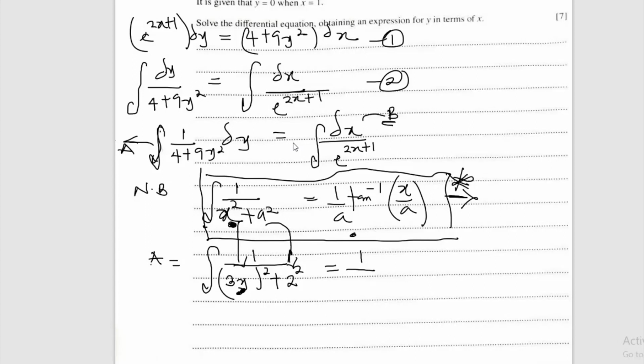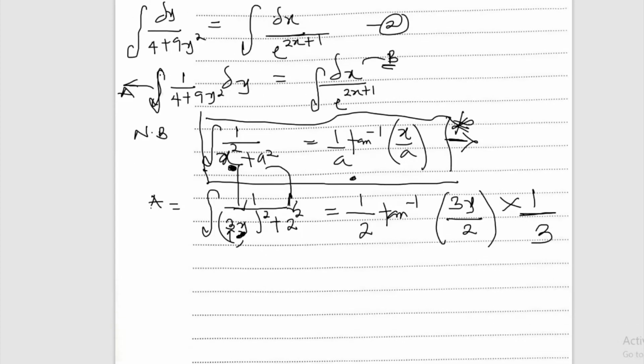Our a here is 2. Arctan, here our x is 3y, divided by a, which is 2. This is supposed to be the answer if y does not have a function. But since y is having something beside it, after writing the model, now multiply by 1 over that function beside y, that's 3.